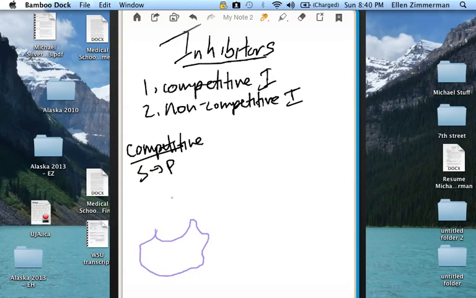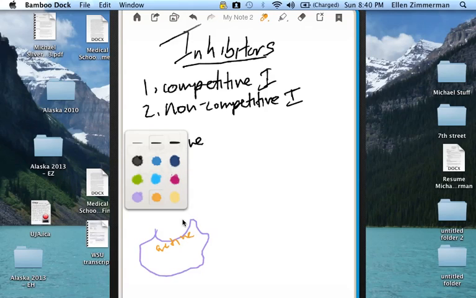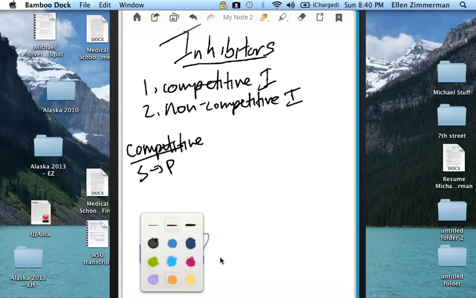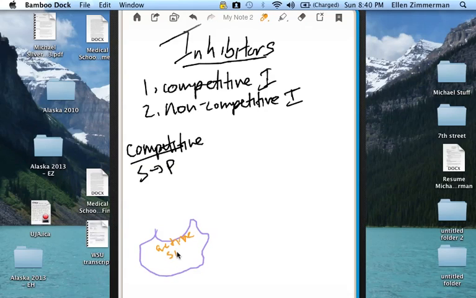And our substrate needs to fit into this little, what's called the active site, right here. It needs to physically conform to that site.